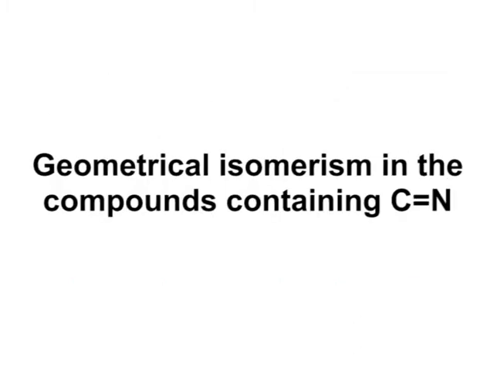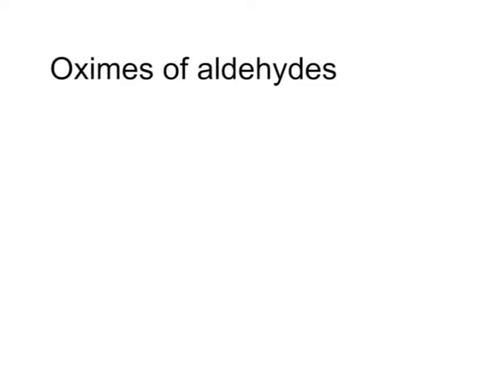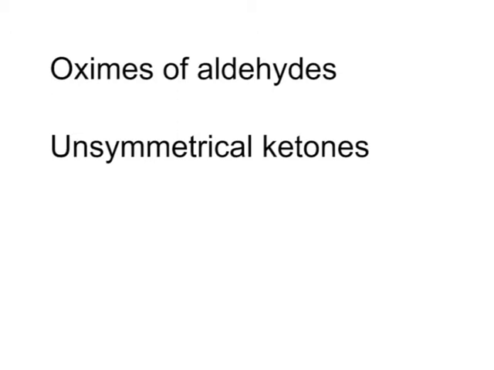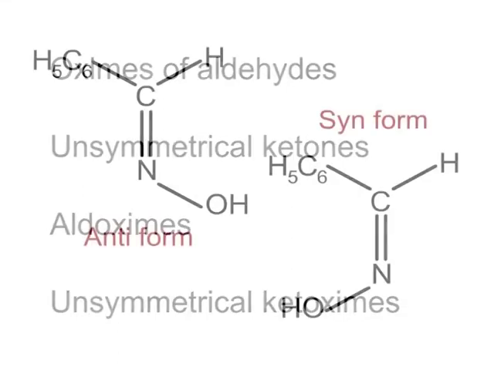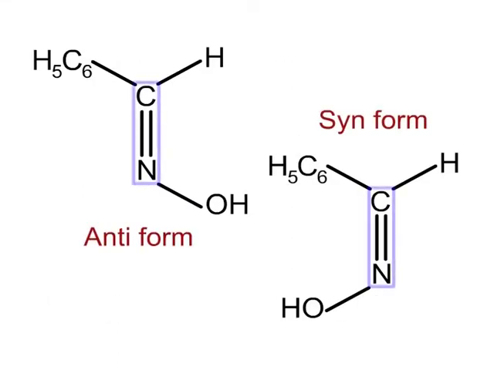Let us now discuss about geometrical isomerism in the compounds containing C=N. Oximes of aldehydes and unsymmetrical ketones, that is, aldoximes and unsymmetrical ketoximes, can also exist in two different configurations due to hindered rotation about carbon-nitrogen double bond.